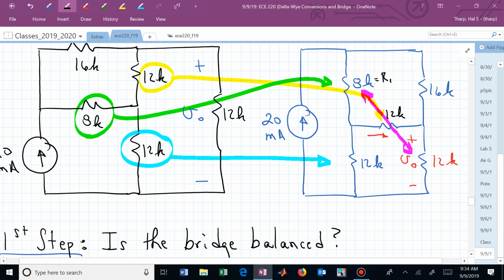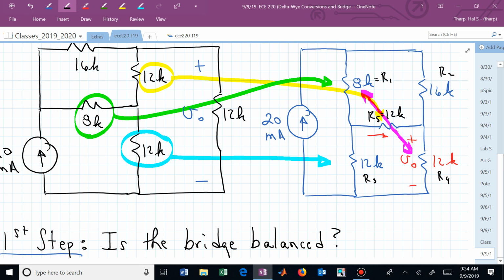So in this case, this is R1, this is R sub 3, this is R sub 4, and this is R sub 2. The odds are on the left and the evens are on the right, and this is R sub 5 in our bridge network diagram. R1, R3, R2, R4, and on the bridge is R sub 5, just to keep our notation consistent.